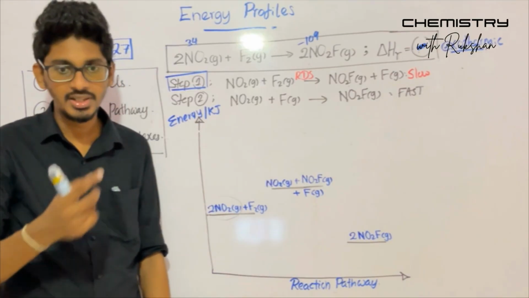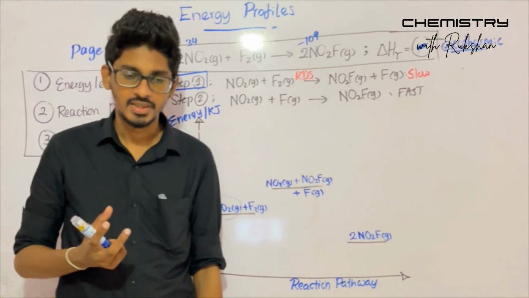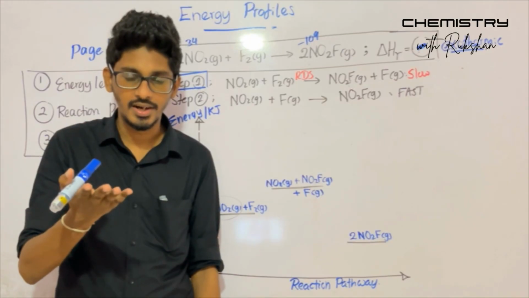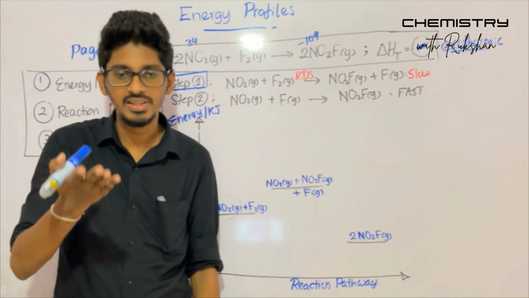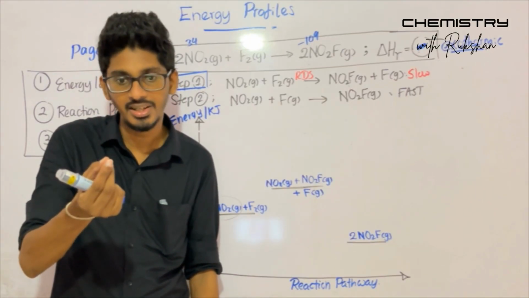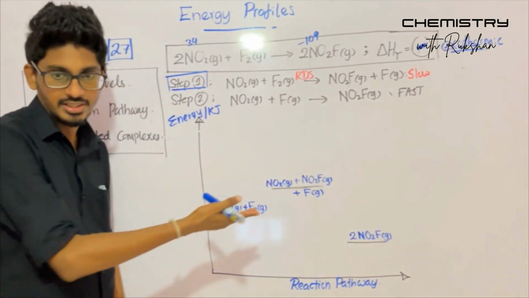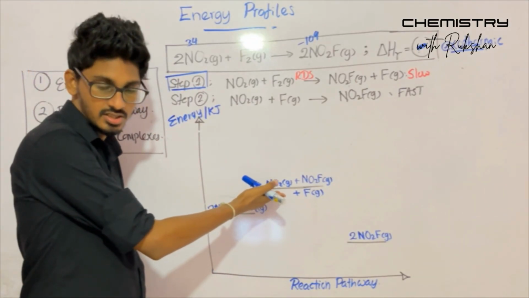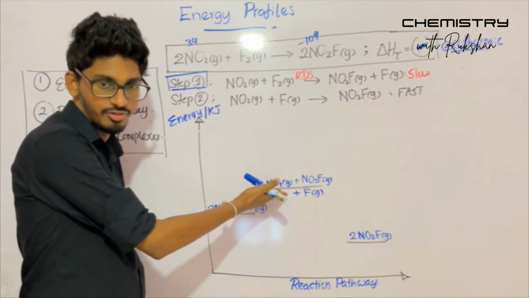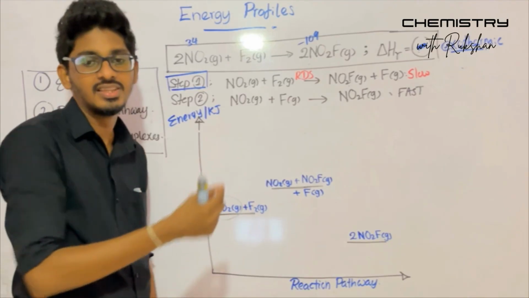So the intermediate energy level means the energy of the species in your flask when the intermediate is existing there.